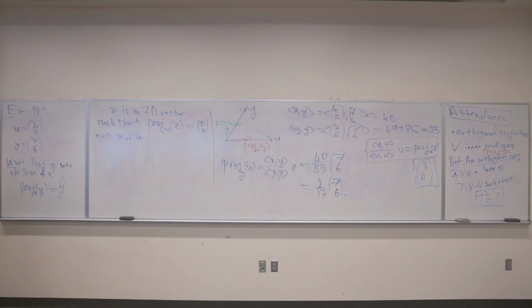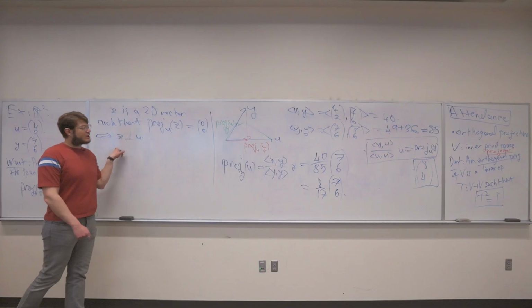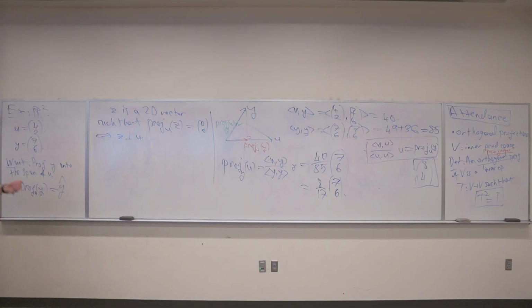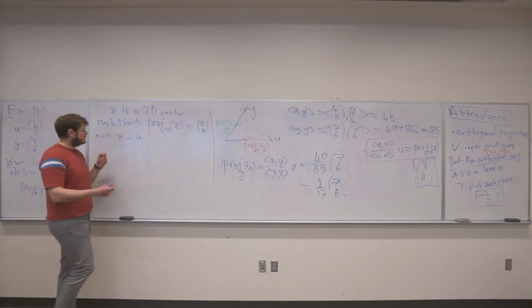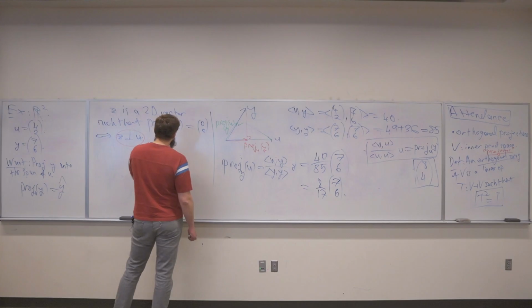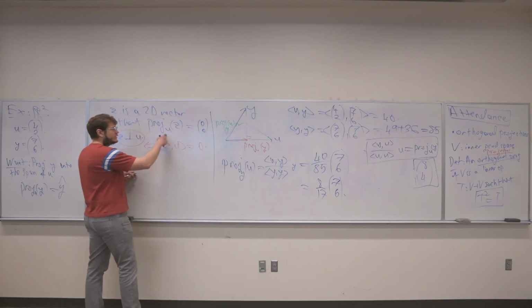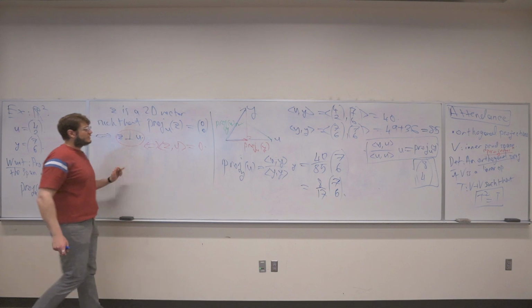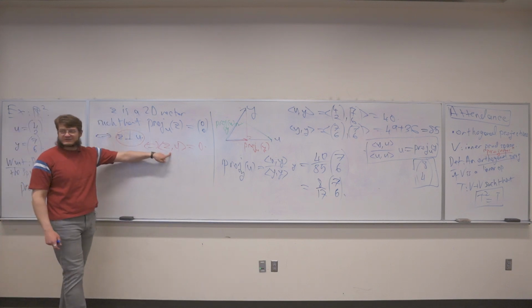Well, why is that the case? Because we know, by definition, z being perp to U is the same thing as saying that z against U is 0. But then if you look at the formula for proj sub U, in the numerator you're going to have this expression.